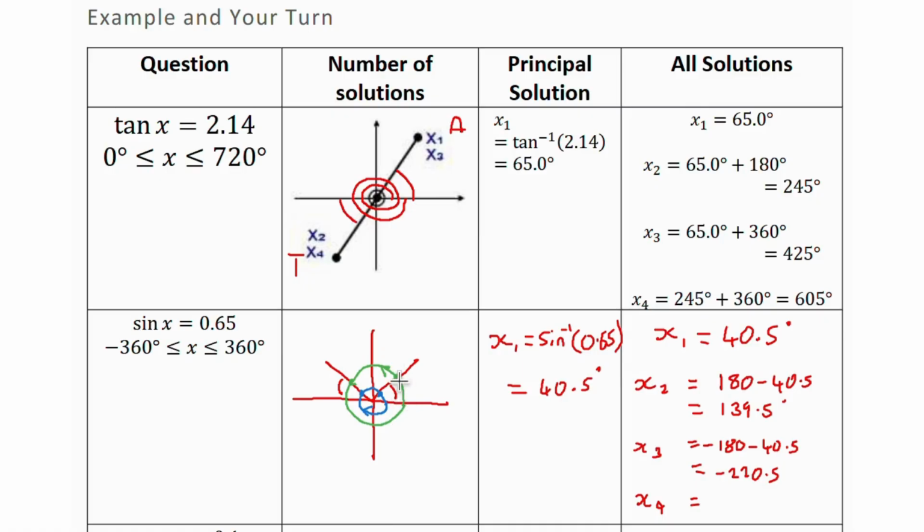It's going to be minus 360 plus the 40.5, which gives me an answer of minus 319.5 degrees. And I should put degree symbols on all of these because we're in degrees.